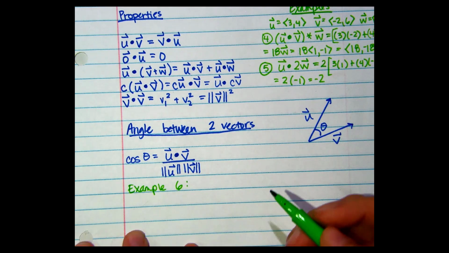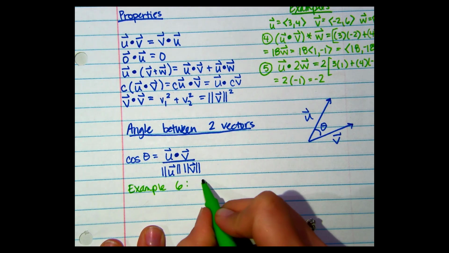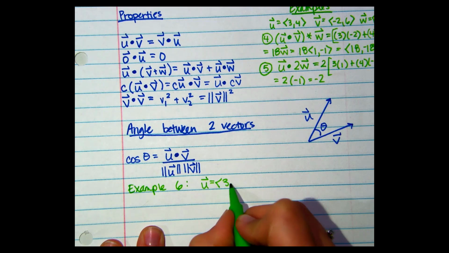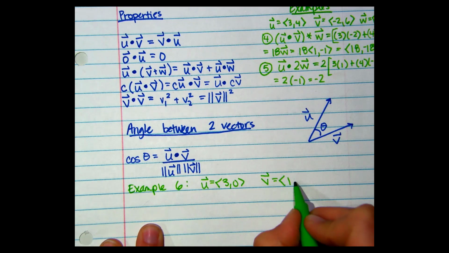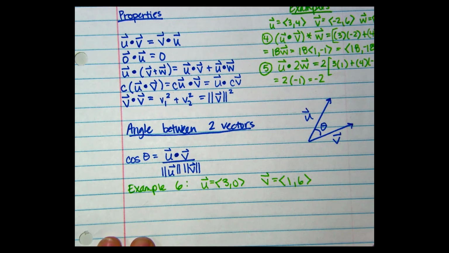So let's say we've got u terminating at 3, 0 and v terminating at 1, 6, and we want to find the angle between them.